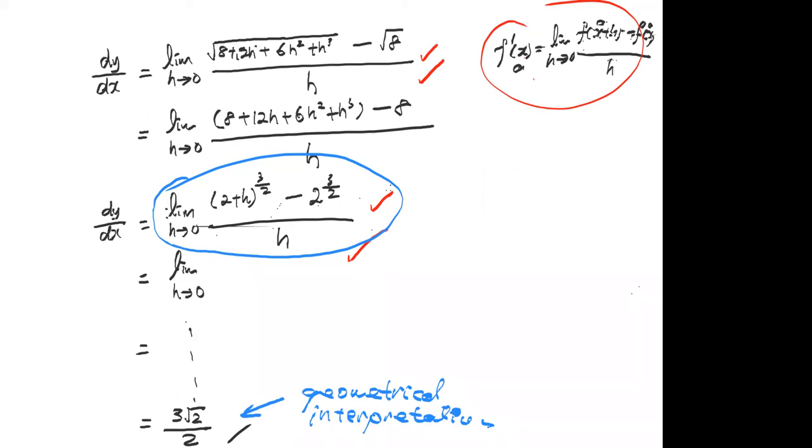If I ask you to interpret only, you can give me both. You can say gradient of the tangent, you can say rate of change. But geometrical must be gradient. At which point? Clear?